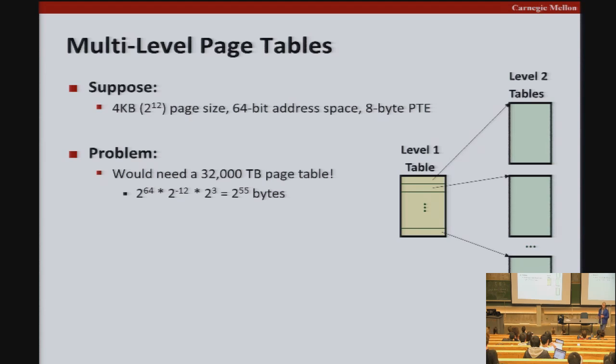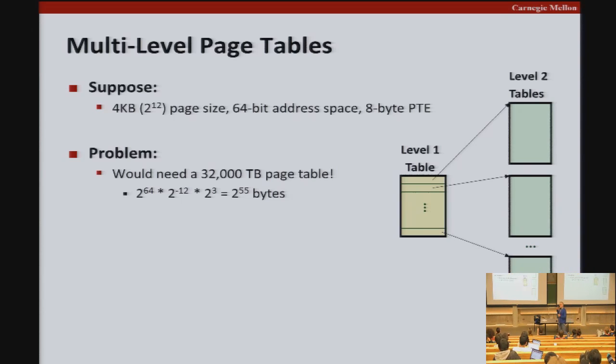It's a hierarchical page table. The idea here is we're going to break up the virtual page number, in this case for a 2-level page table. The first part is going to access the level 1 page table, and it will have a pointer, not a page table entry, but a pointer to another set of page table entries.